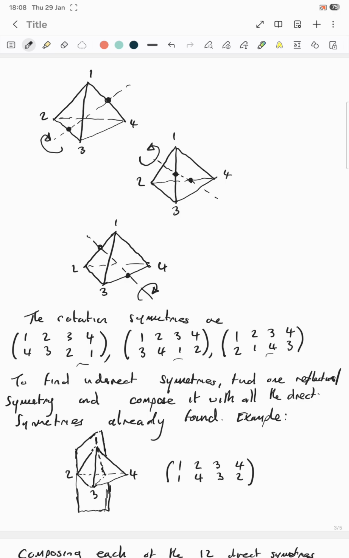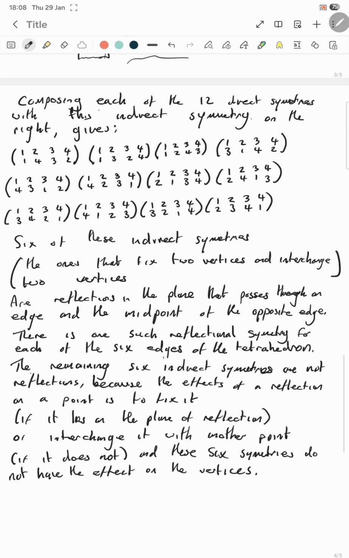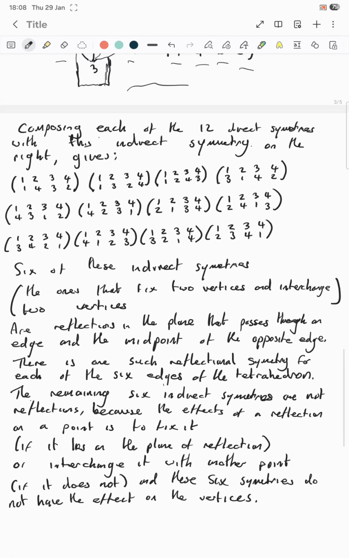For example, here we've drawn the plane straight through 1 and 3, so 1 and 3 are fixed, and we're just interchanging 2 and 4, 4 and 2. Now, composing each of the 12 direct symmetries with the indirect symmetry on the right gives these.